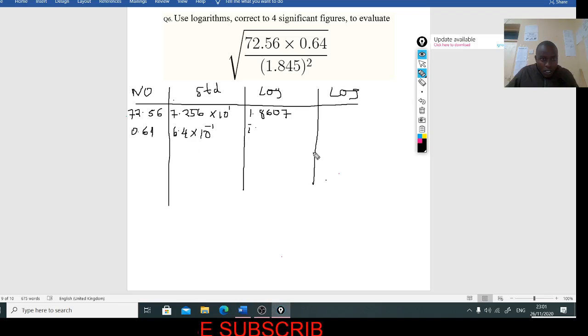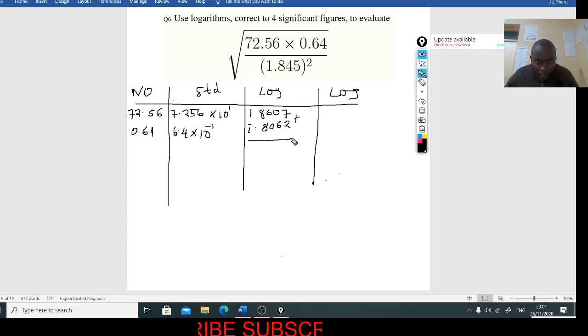You read logarithm of 6.4 from your table, log 6.4, you will find from the table to be 0.862. Now because there is a multiplication, I add the logarithms.